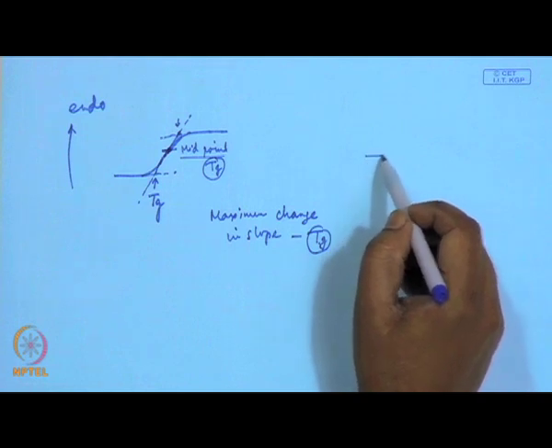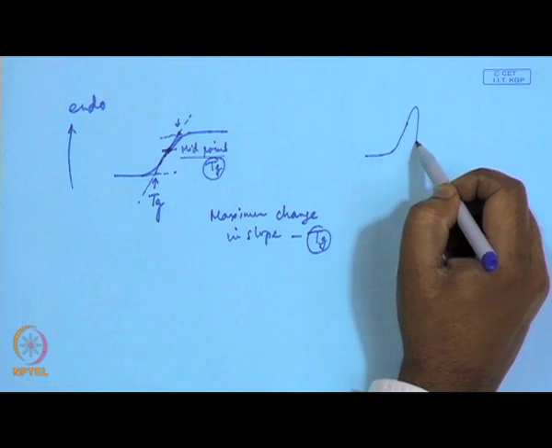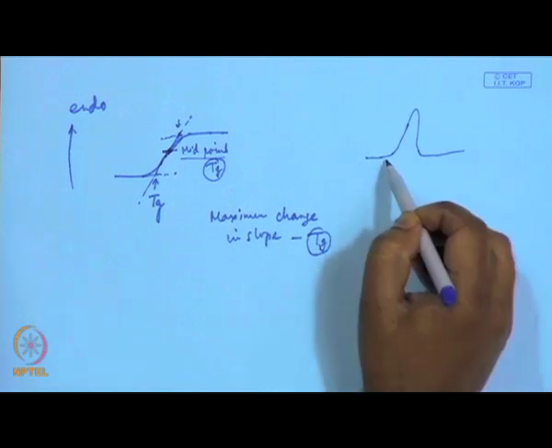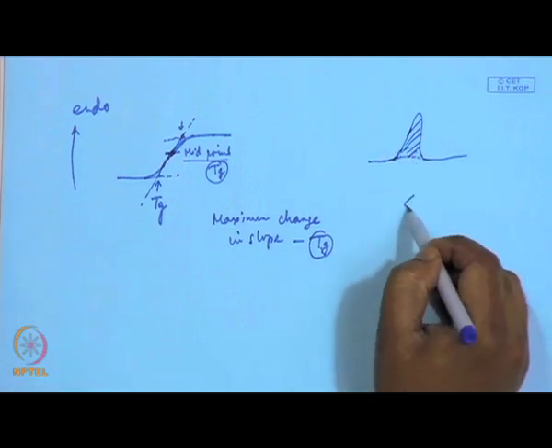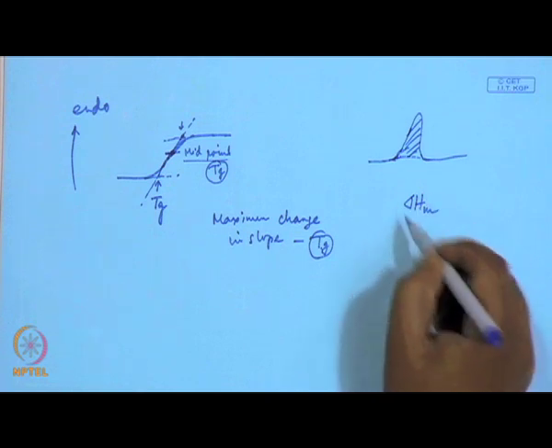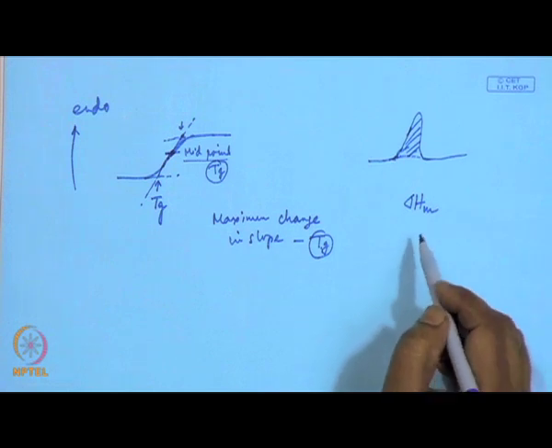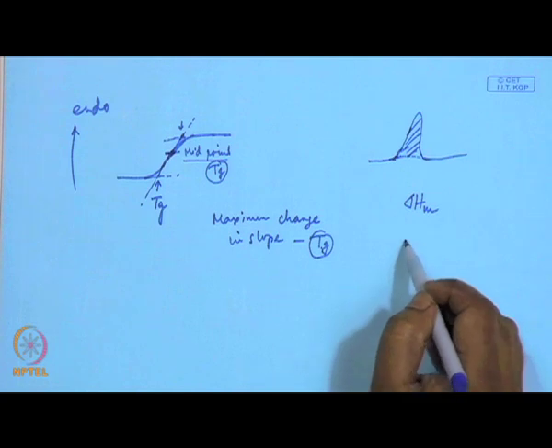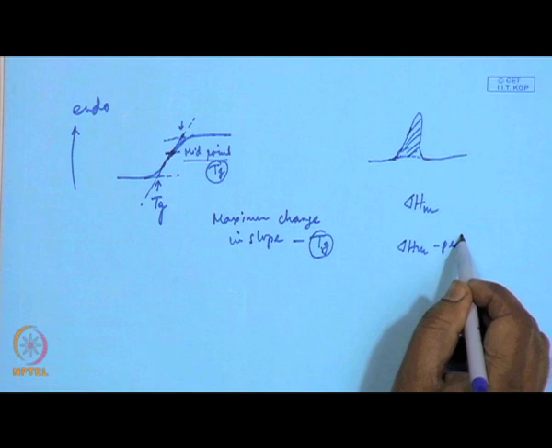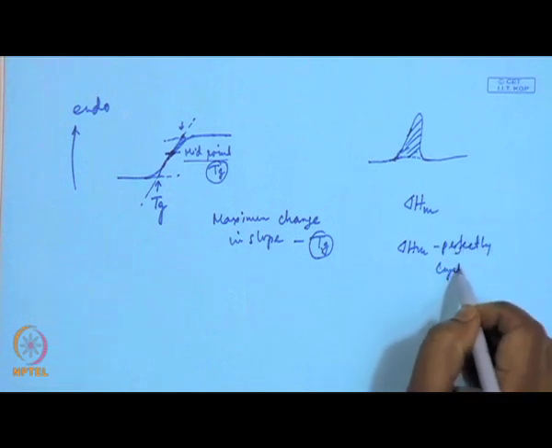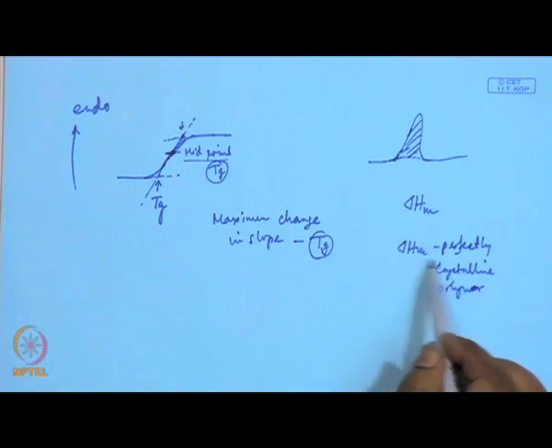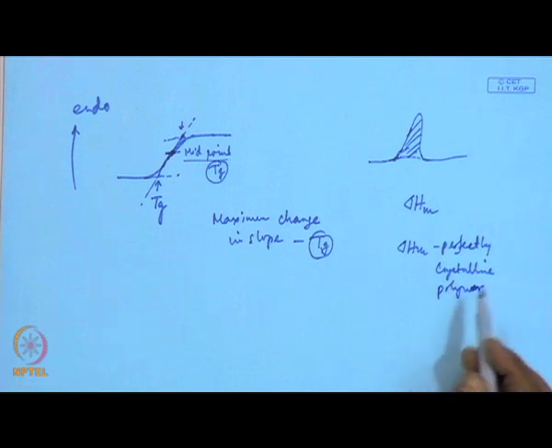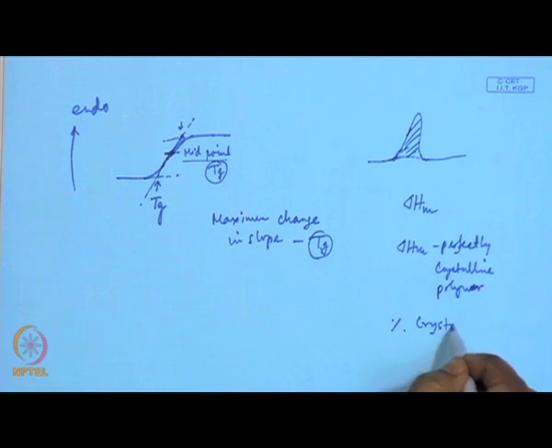From the melting point peak, from the area of this melting peak, we can get the enthalpy of melting, and if we know the enthalpy of a perfectly crystalline polymer, then from this value and the value of the perfectly crystalline same polymer, we can get the percentage crystallinity in our sample.